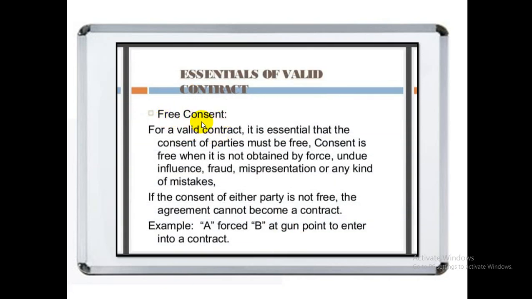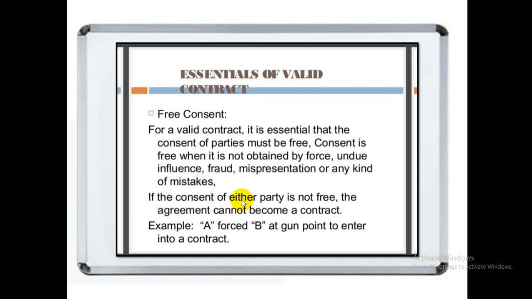Free consent. The consent of both the parties should be free. For a valid contract, it is essential that the consent of parties must be free. Consent is free when it is not obtained by force, undue influence, fraud, misrepresentation, or any kind of mistake.